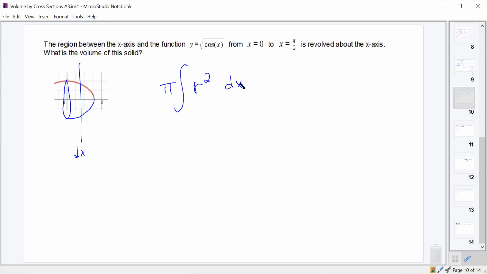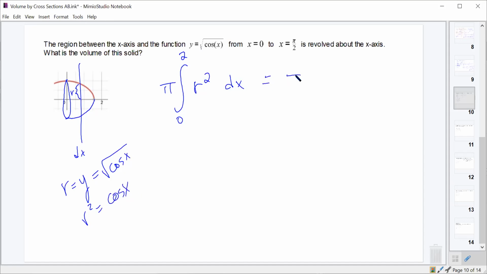And so we want to integrate from 0 to 2. All we have to do is figure out what the radius of this is. The radius is just the y value, or in this case, root cosine x. So what's r squared? It'd just be cosine x.